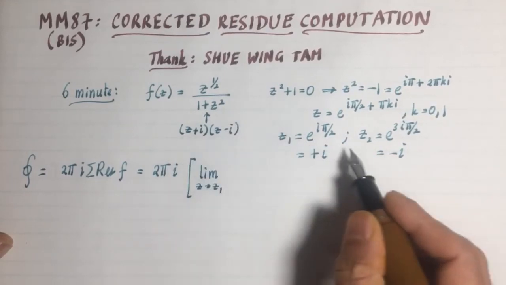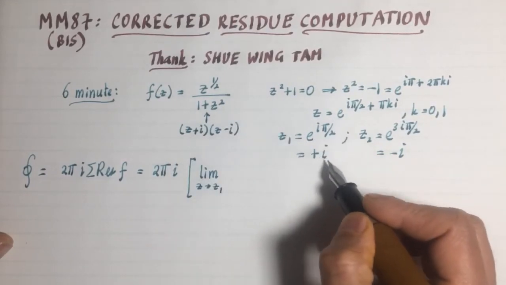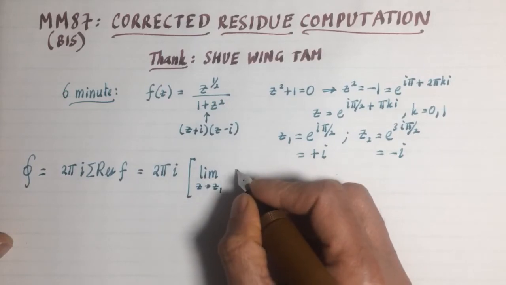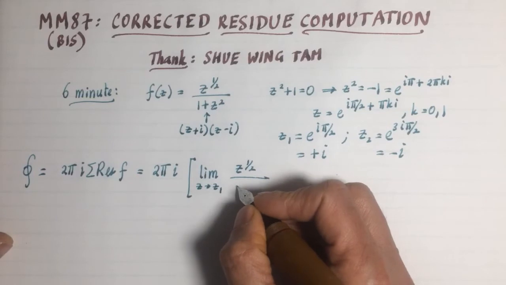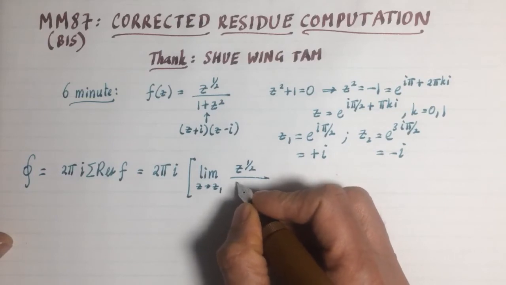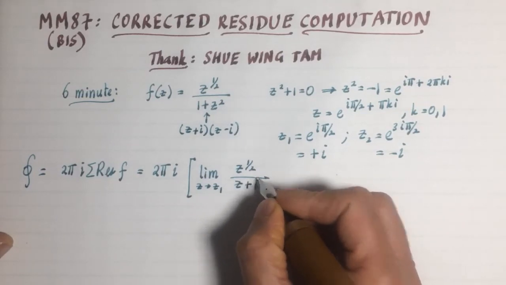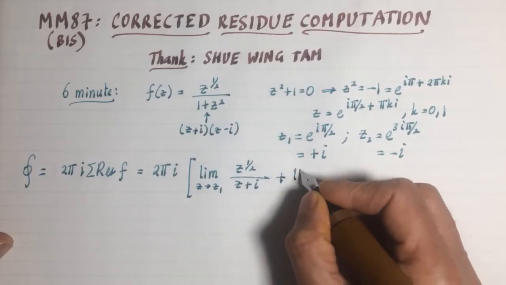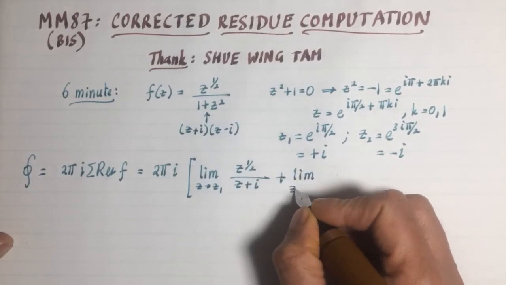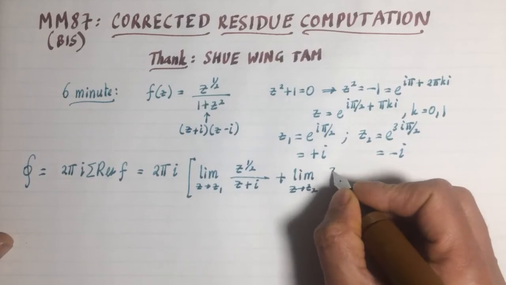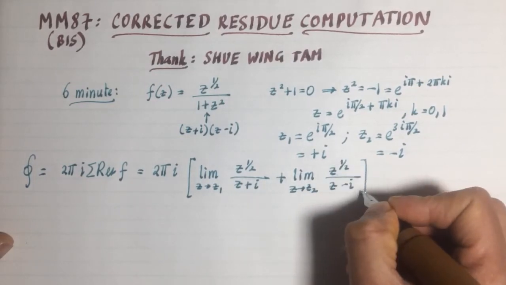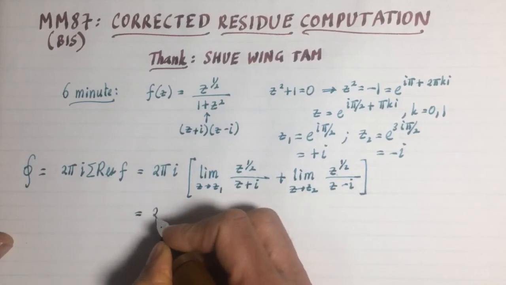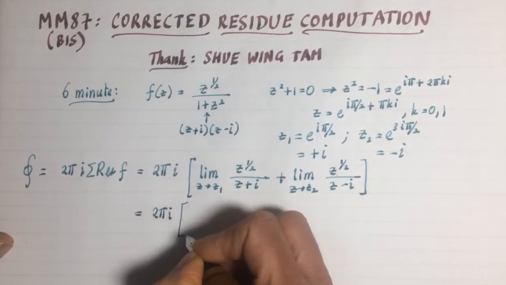So if z goes to z1, which is plus i, I'm left with z to the half over z plus i, and then limit as z goes to z2, z to the half over z minus i. So let's carry this out with some degree of care.